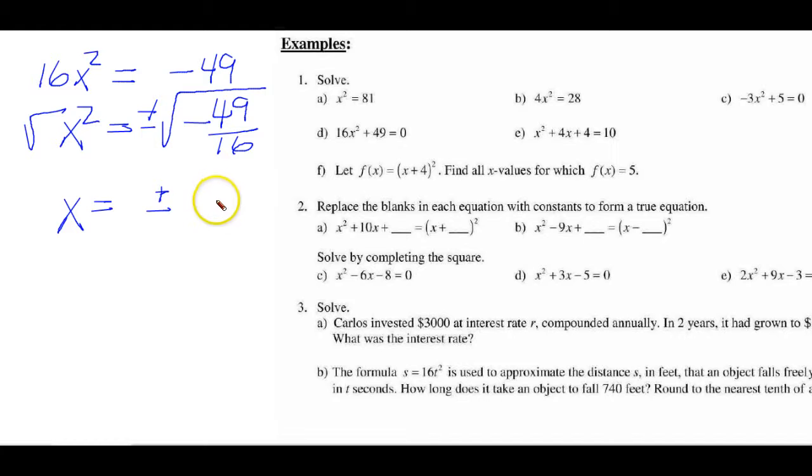So again, going to the previous module, this is going to become 7i, and this will become 4. Now I see the way they have it written down below. They have 7/4, i is written out here by itself. Well, this is acceptable, and so is this. This is the preferred way because this is an imaginary number.